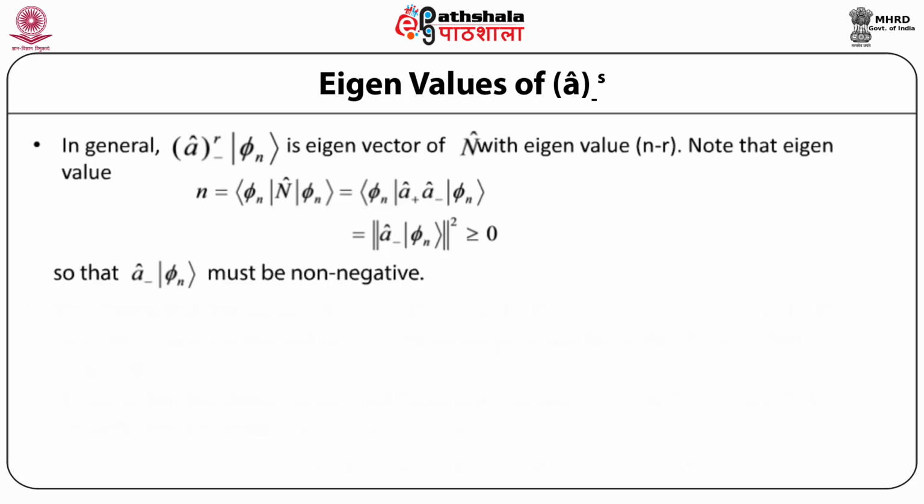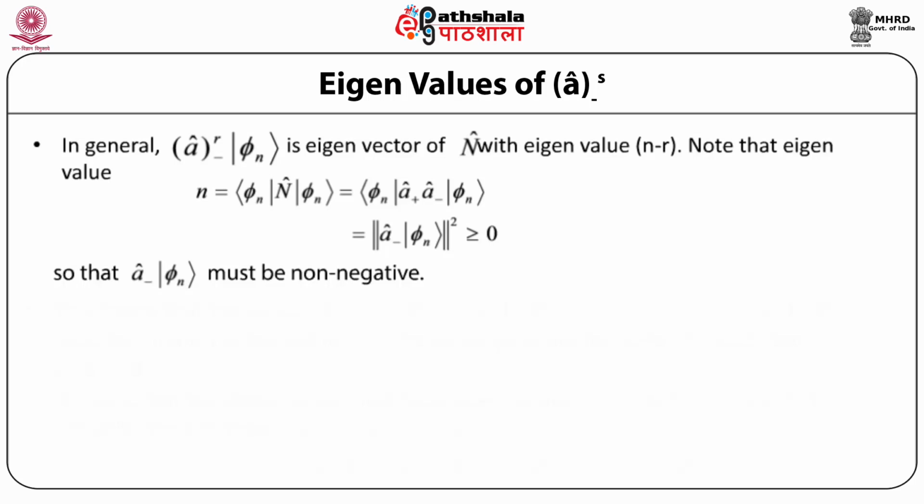Here we need to note that the eigenvalue n corresponding to the number operator is given by the average value of the number operator with the eigenvector phi n, that is, bra vector phi n, number operator, ket vector phi n.